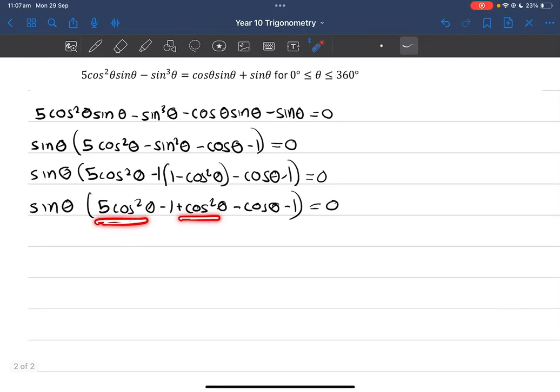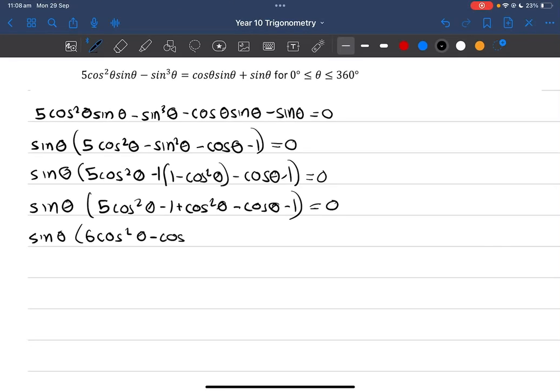Now these are like terms, so we can combine them. So sine theta times 6 cos squared theta minus cos theta, and then this minus 1 and minus 1 will become a minus 2, and that equals 0.